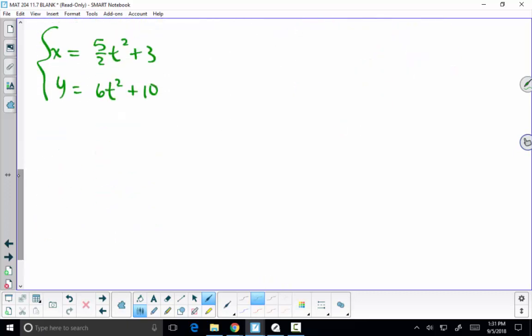Some of you have seen parametric curves before, and the issue is that you know Cartesian equations pretty well. You see y equals x squared, you know it's a parabola, and you know what circles, ellipses and hyperbolas look like.